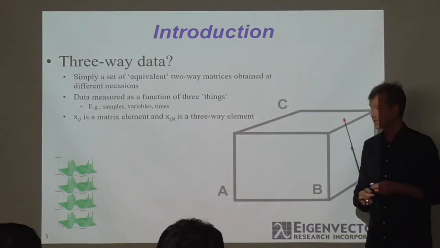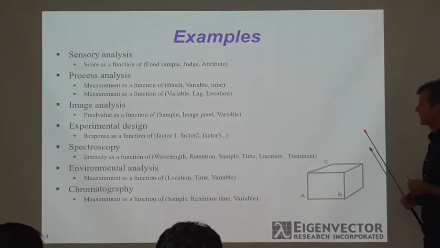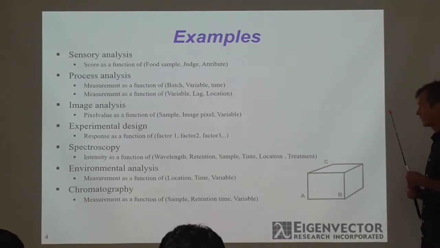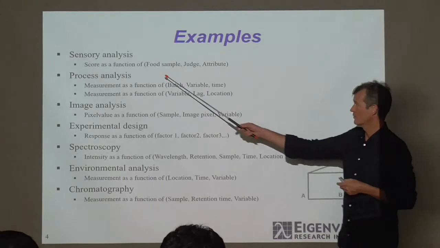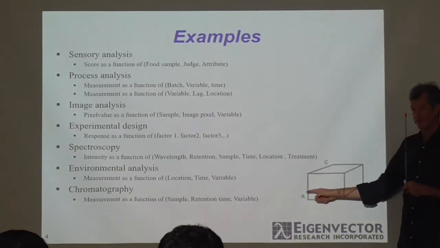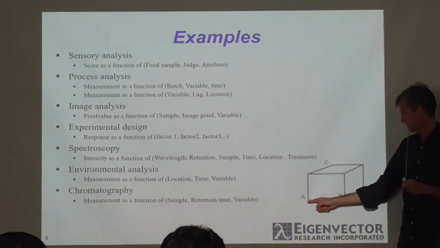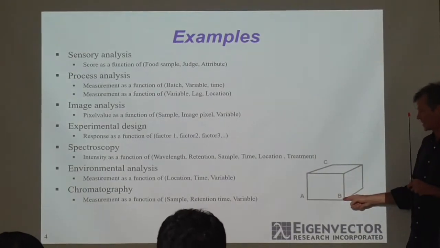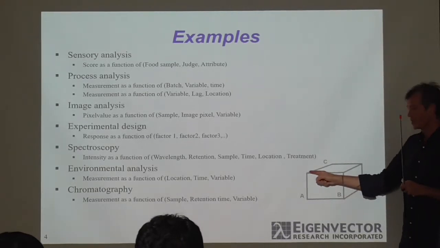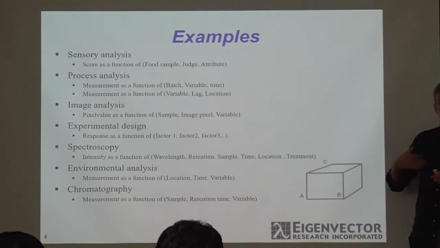And there are many situations where you get three-way data. Here's just a few examples from my kind of applications. So for example, sensory analysis, where you have different food samples, for example, and then you have 20 different judges, and they all assess these food samples with respect to 30 different qualities.